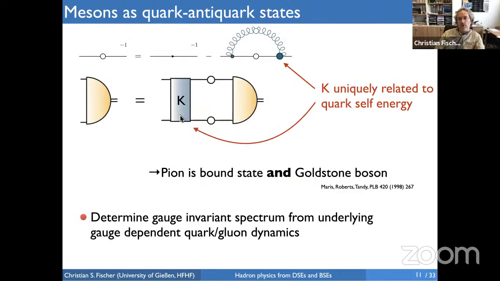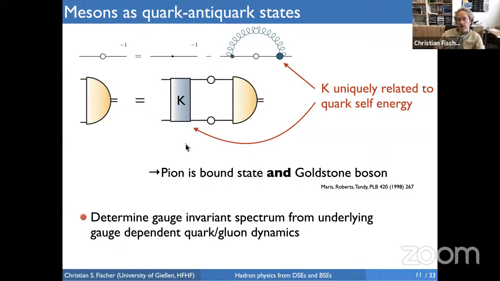This K-matrix has certain properties which connect it to the quark self-energy. In particular, it has to satisfy a relation which is called the axial vector Ward-Takahashi identity. And if it does so, and only if it does so, then all the chiral properties of the theory, in particular, all the requirements from dynamical chiral symmetry breaking, and in particular, the Goldstone boson nature of the pion, are satisfied.